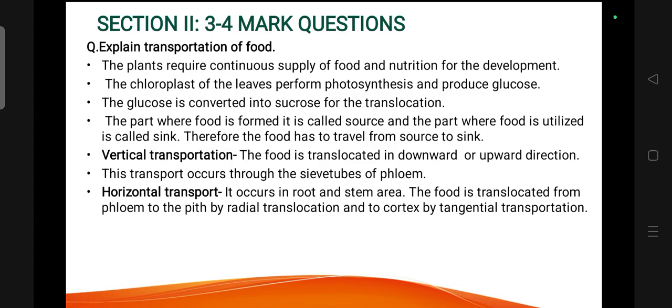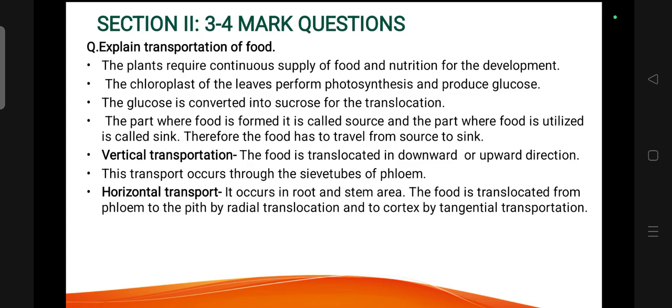Explain the transportation of food. The plants require continuous supply of food and nutrition for the development. The chloroplast of the leaves perform photosynthesis and produce glucose. The glucose is converted into sucrose for the translocation. The part where food is formed is called source and the part where food is utilized is called sink. Therefore, food has to travel from source to sink.